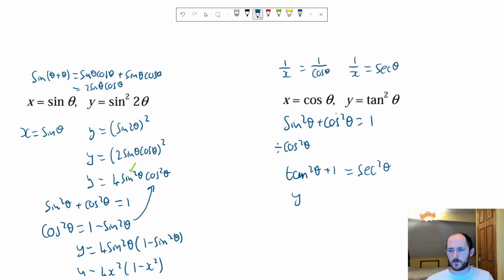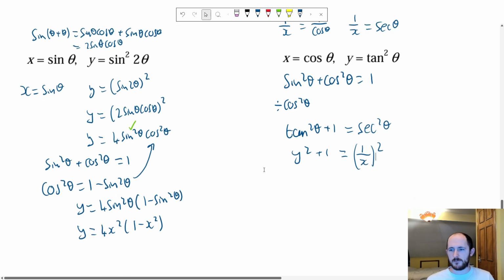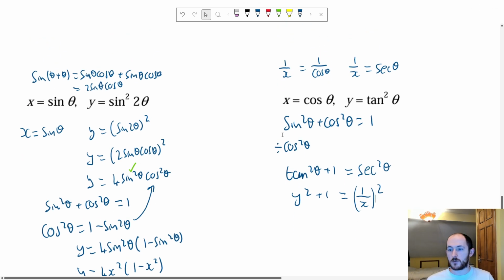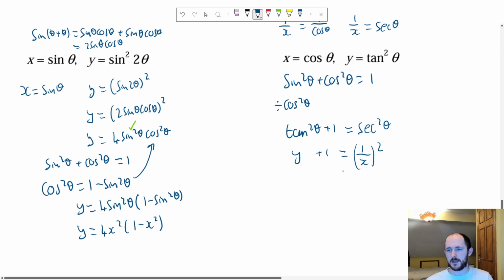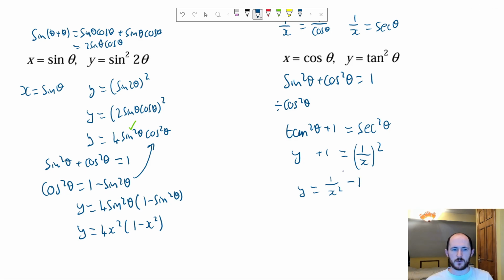So here we have y plus 1 equals 1 over x squared. Then all we're doing is moving it to one side. Oh, sorry. Whoa. Y is tan squared, so it's y plus 1. So y equals 1 over x squared minus 1. That's it.